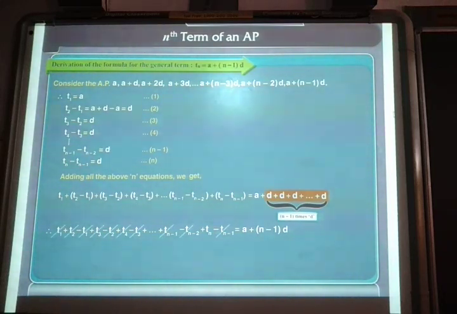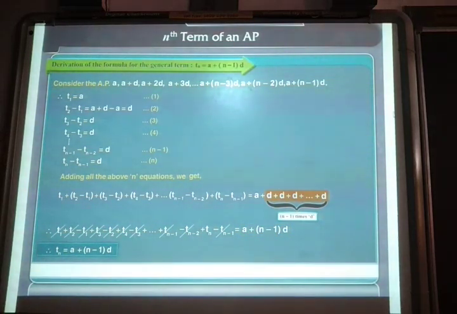By cancelling the common terms, what will you get on the left hand side? We get only Tn. Therefore, Tn is a plus n minus 1 into d. Thus, the nth term of an AP with the first term a and the common difference d is Tn is equal to a plus n minus 1 into d.